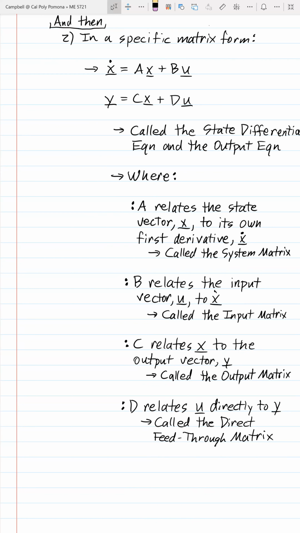This representation can naturally handle multiple inputs and multiple outputs, which of course allows us to easily capture MIMO systems, multi-input, multi-output systems. And I'll get that in your notes in just a moment.